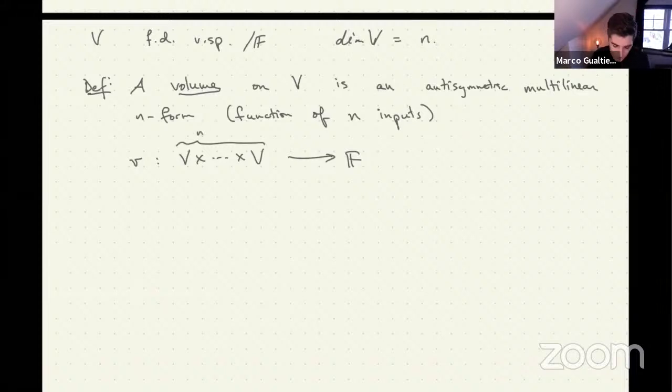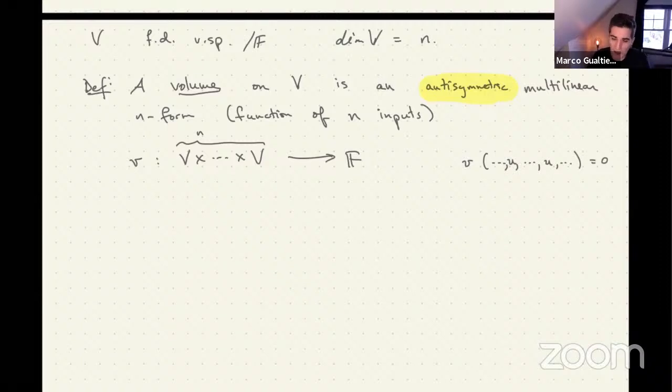I explained what these terms mean last time. Antisymmetric means that in particular, if we have a repetition anywhere in the list, if we have, let's say, u somewhere, and then it reoccurs, then this will be 0. It's a kind of funny way of saying antisymmetric.